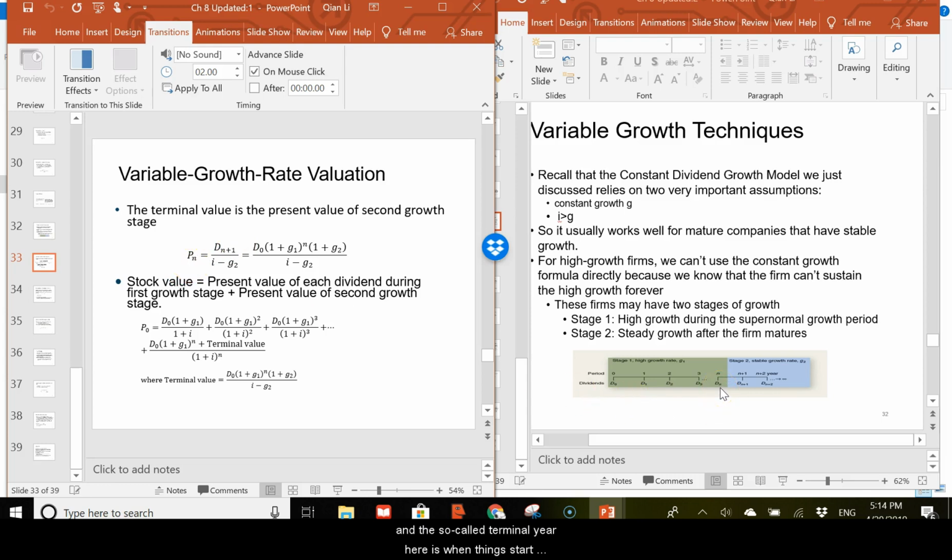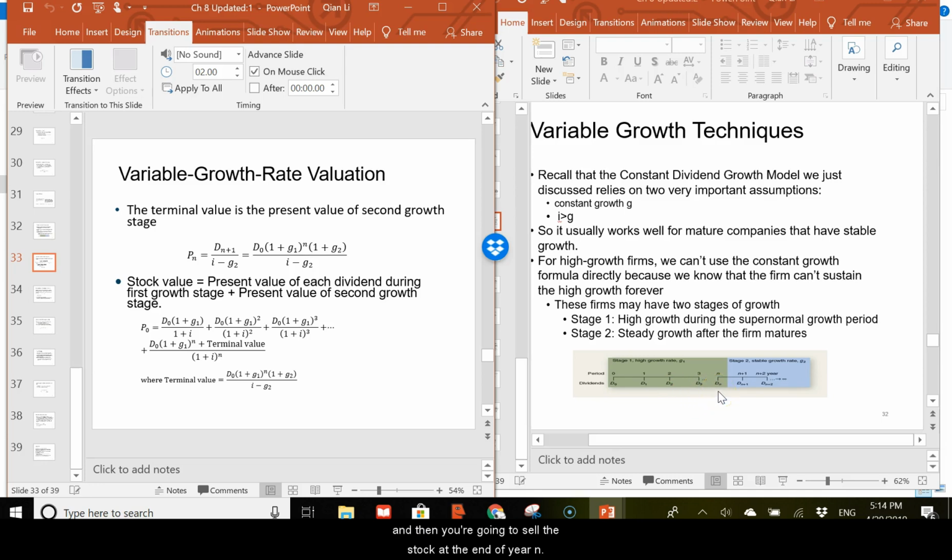And the so-called terminal year here is when things start to slow down and start to have a constant dividend growth. Once you estimate the terminal value, now forget about stage 2 and think about the first n years. So imagine you are trying to buy the stock today, which means you have to pay the price today, and then you get to hold the stock for n years.